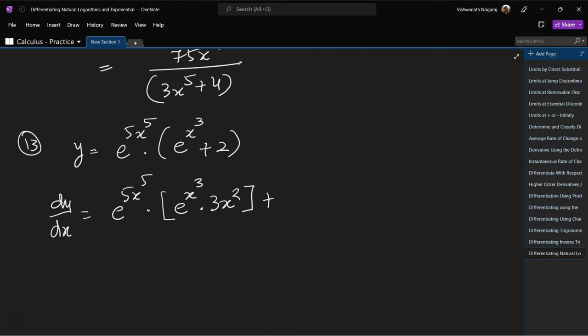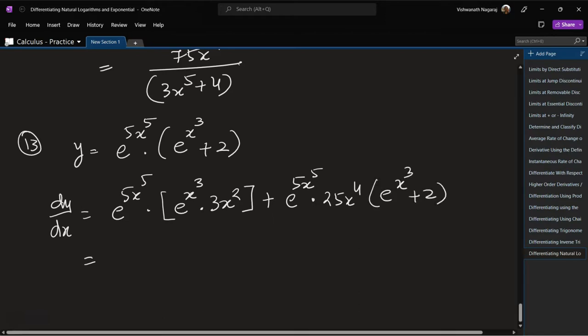Now the derivative of the first, which is e to the power of 5x to the power of 5 times 25x to the power of 4, and this as it is, e to the power of x to the power of 3 plus 2.